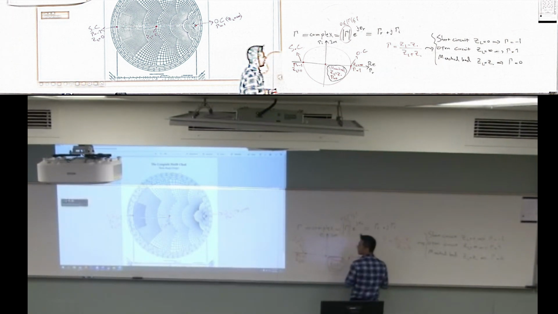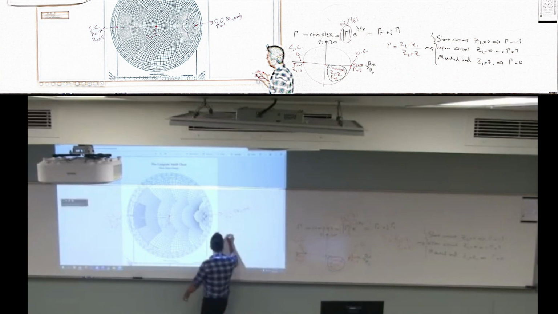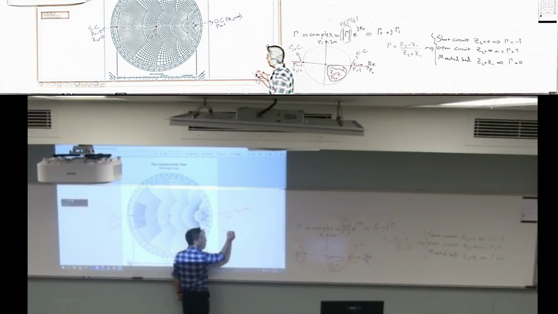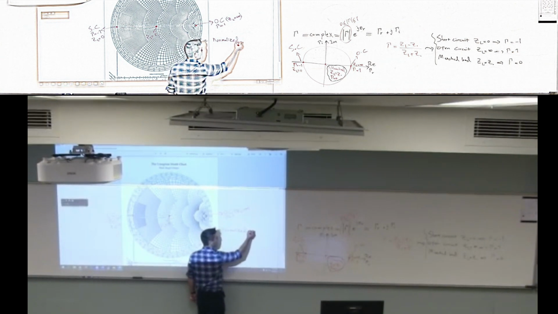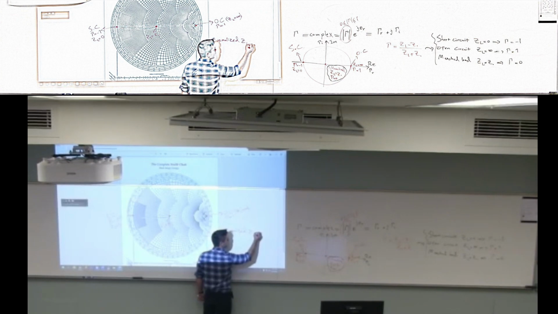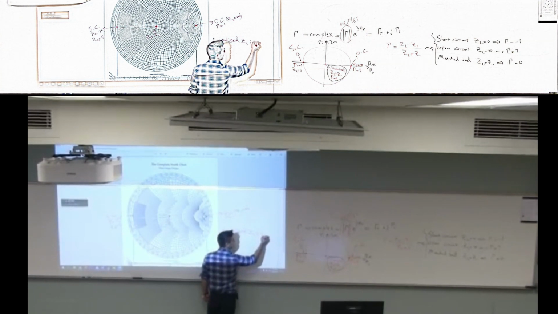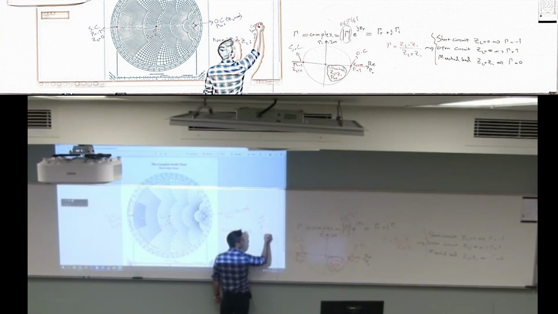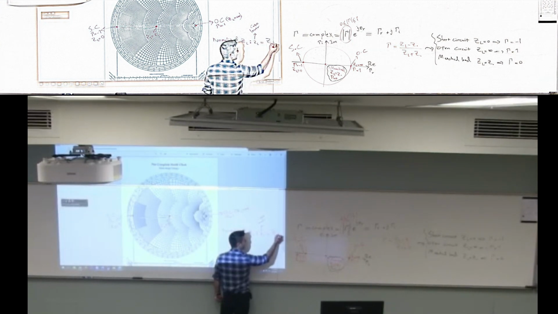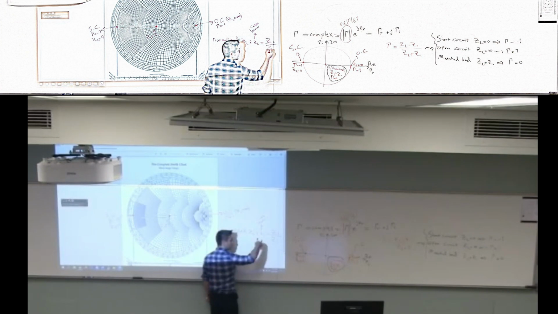So normalized ZL, lowercase z_L, is defined as ZL, whatever your impedance is, divided by, or normalized by, Z0.